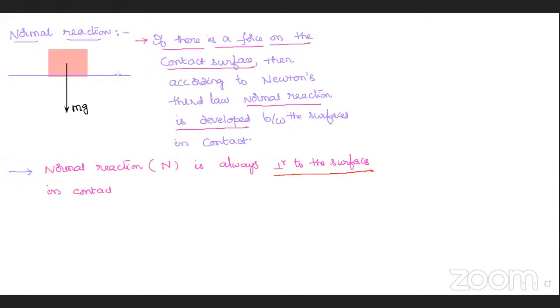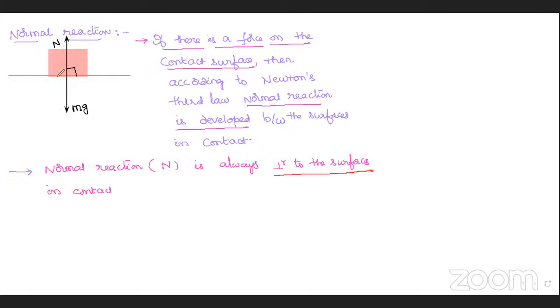In what direction? Perpendicular to the surface. Surface means the blue line. Perpendicular to the blue line, you will get a force like this, exactly perpendicular to the blue line. So altogether you are getting the normal reaction and mg.